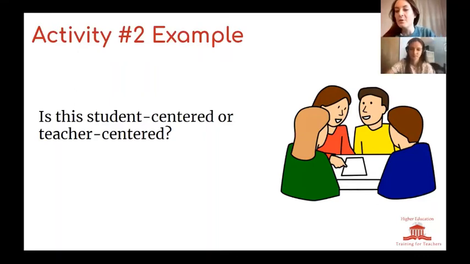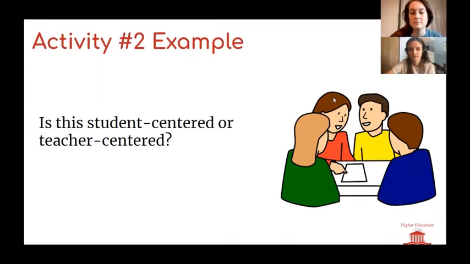Are you going to join your group? Oh, that person's part of 2 groups.